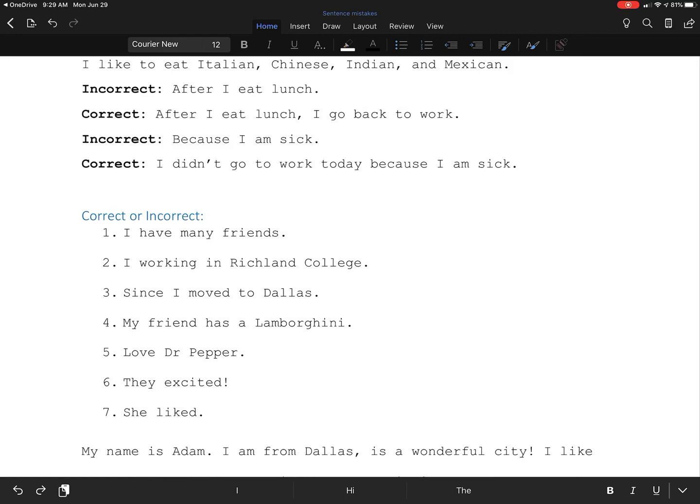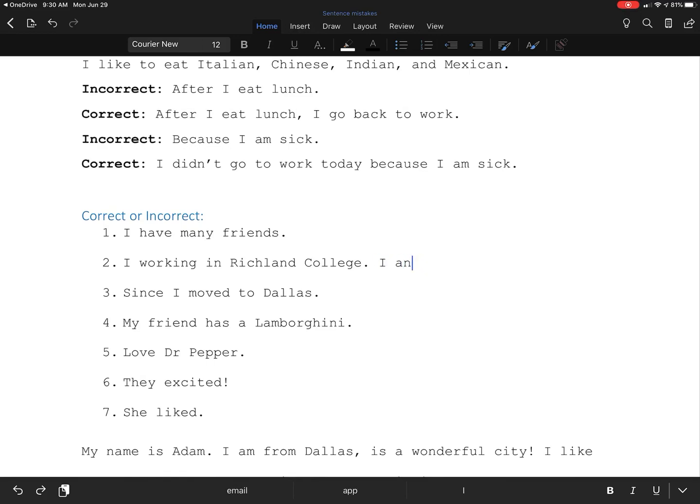So let's look at these 7 here, and I want you to tell me if these are correct or incorrect. I have many friends. This one is correct. It is a good sentence. I working in Richland College. This one is incorrect. Okay?